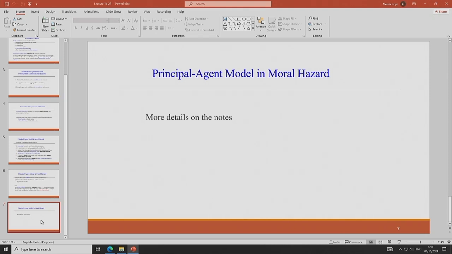Now, in the book, one of the conventional ways of writing is that the principal is always a she, okay? And the agent is always a he. So whenever you read, you will see that she, the principal, orders the agent to do something.